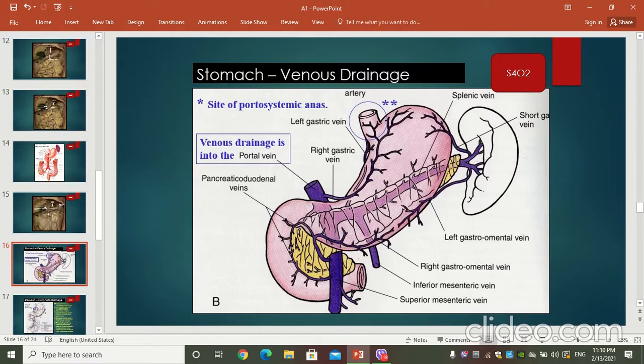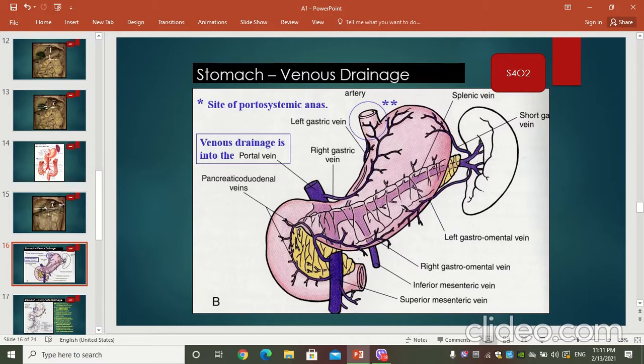The short gastric veins drain with the left gastroepiploic, or gastroomental vein, to the splenic vein. The right gastroepiploic drains into the portal vein. Right and left gastric veins also drain to the portal vein.